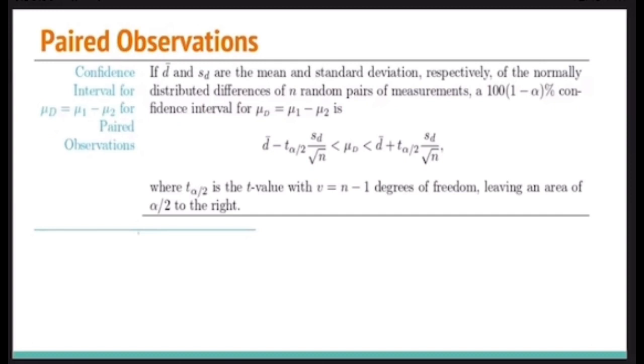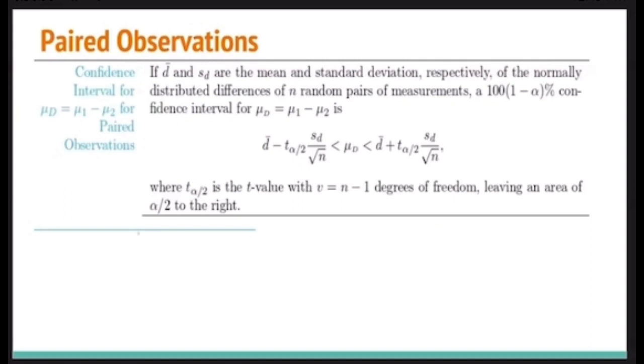Now, how do we construct a confidence interval for the difference in that situation? We normally call it before and after, like in the medical line, where they are testing the effect of a particular drug. Maybe that drug is to reduce weight. They will look at your weight before using the drug and your weight after using the drug.